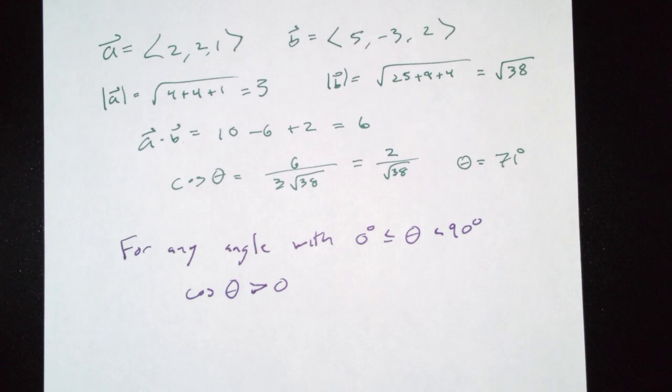And if my cosine is negative in the second quadrant, and it's at 90 degrees, then my cosine is 0.